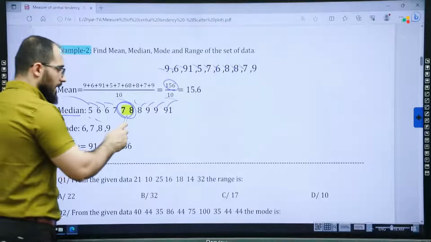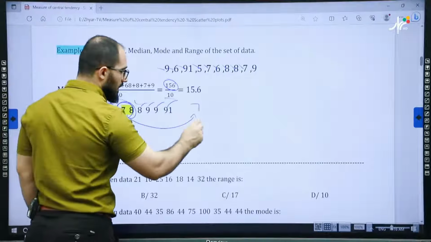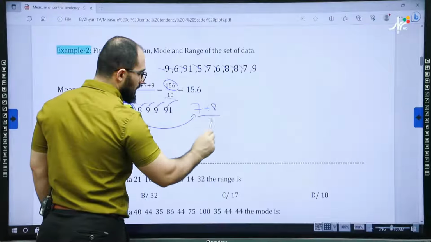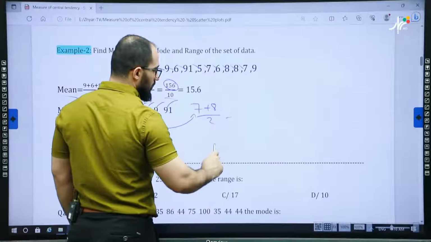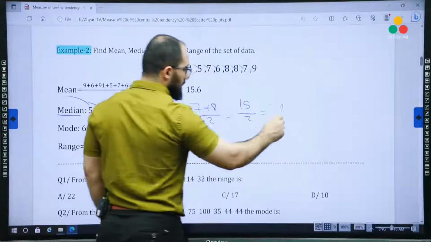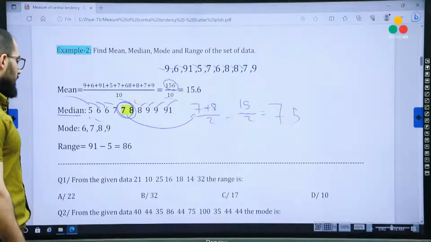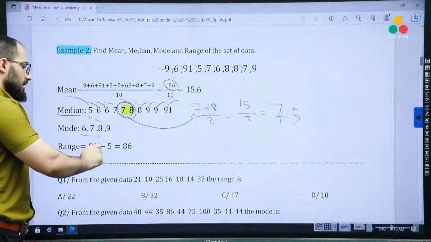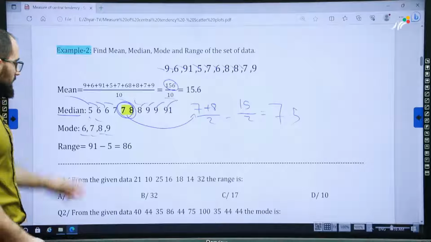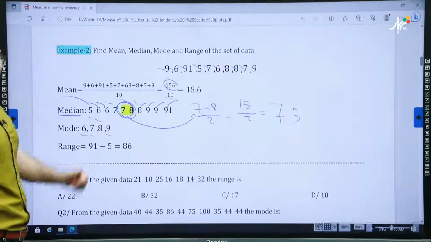Since you have even data, 2 numbers are left in the center. Add them up, 7 plus 8 divided by 2. It's going to be 15 divided by 2, which is 7.5.